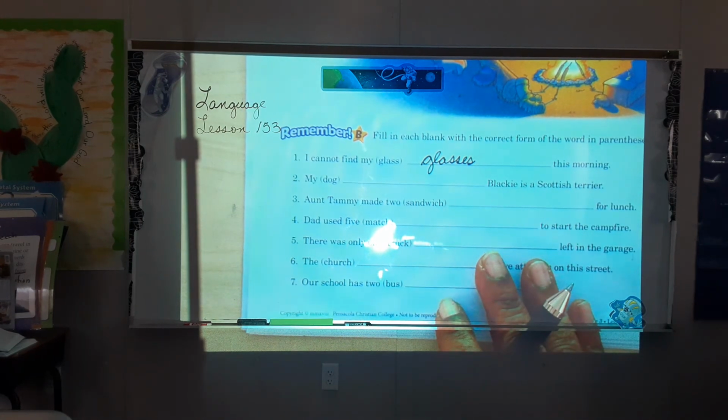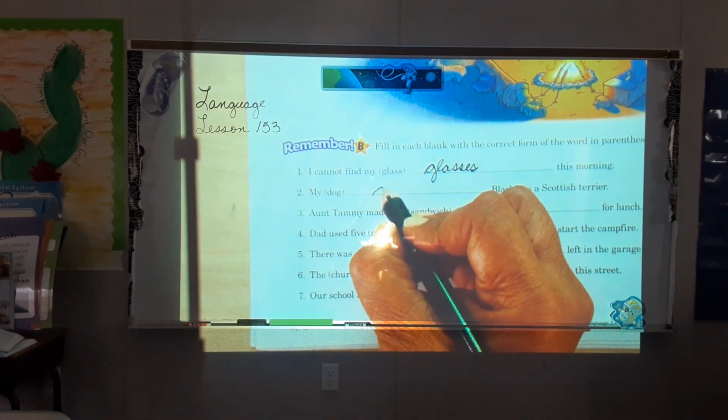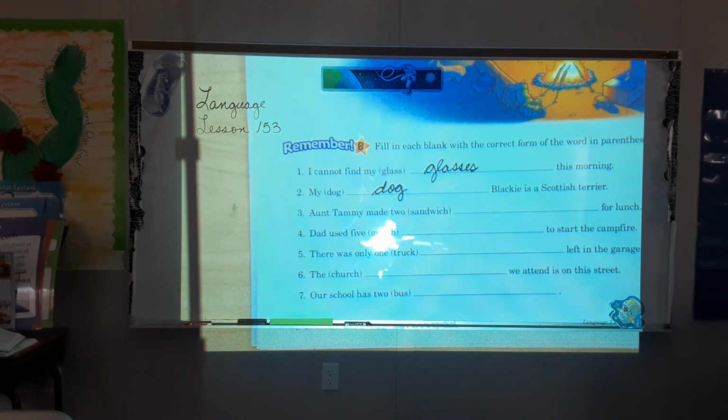S-E-S to make it plural. If a word ends in a consonant, I add E-S to make it plural. My dog, Blackie, is a Scottish Terrier. Do I need to make any changes to dog? No, I do not. So I leave it the same.